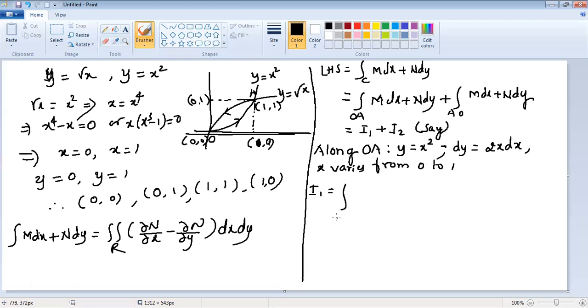So keeping all these points, we can write I1 as the integral with x varying from 0 to 1 of M dx plus N dy. What is M? M is 3x square minus 8x raised to 4 dx. What is N in the example?